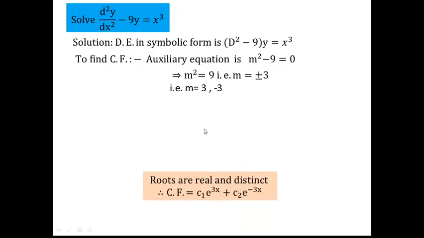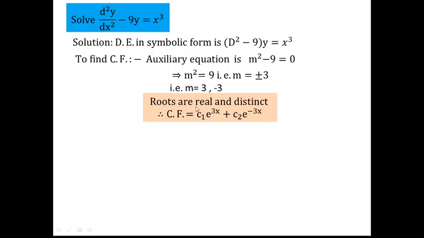Now the roots are real and distinct. So according to this nature of roots, we will write the complementary function as c1 e raised to power first value of m, that is 3x, plus c2 e raised to power second value, which is minus 3 into x. Remember here x is the independent variable, so the complementary function will involve functions of the independent variable.